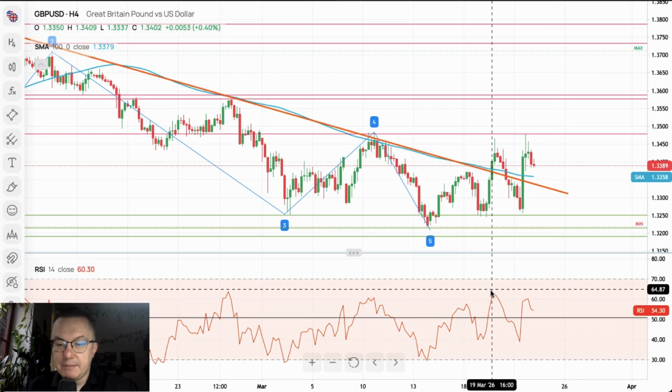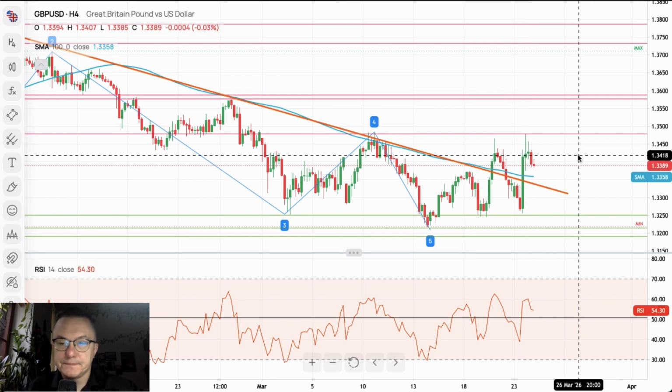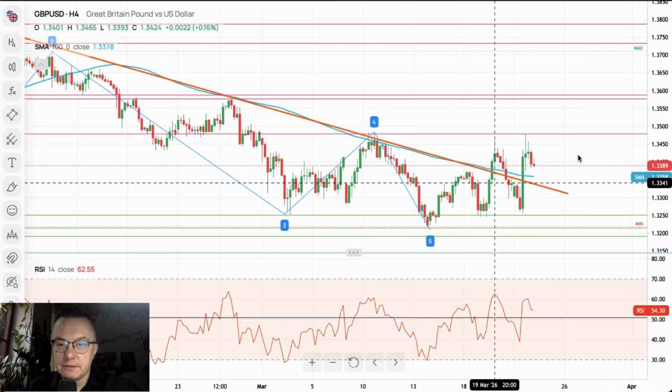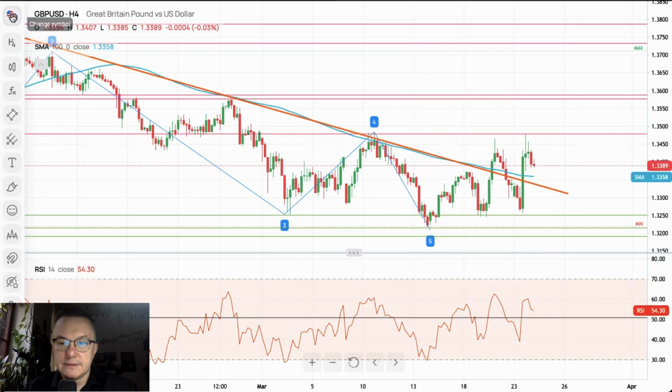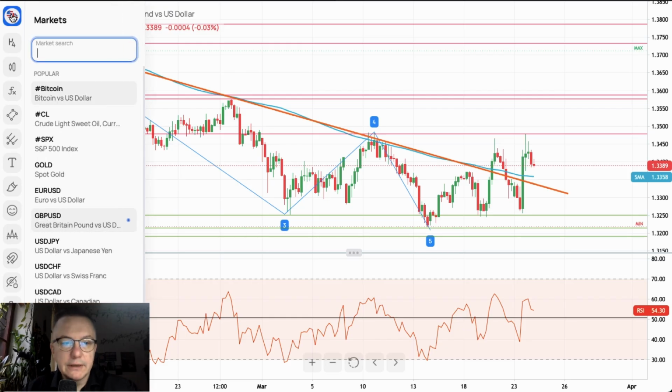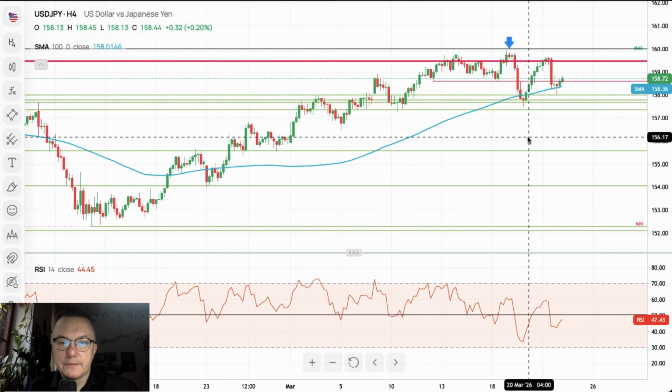Momentum oscillates up and down, 60-40, 60-40. So the market is not skewed to the downside or to the upside. Neither bulls nor bears are in charge of this market. So the market is still moving in range during the continuing correction.